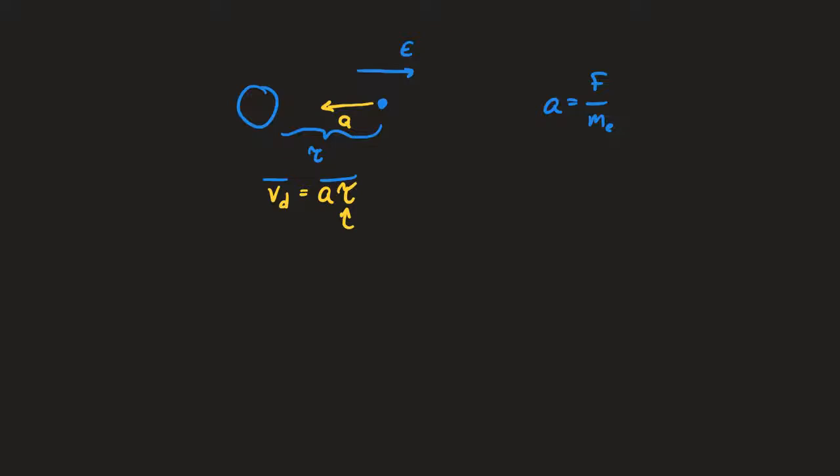And in addition to this, we know that the force is the actual elementary charge times the electric field in the wire. Meaning we could write drift velocity in terms of fundamental concepts.